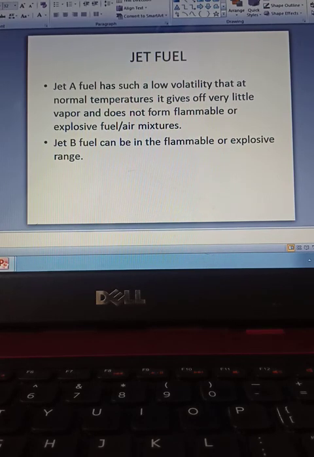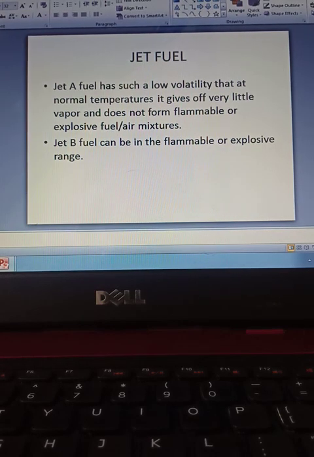It is colorless to straw colored or sometimes amber, depending on the source of the petroleum.